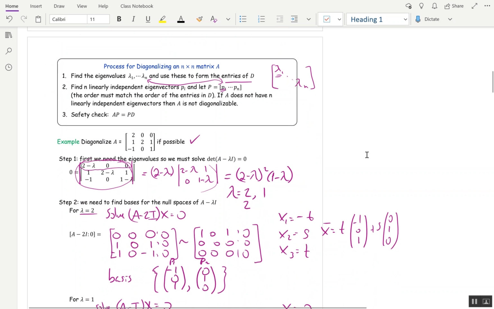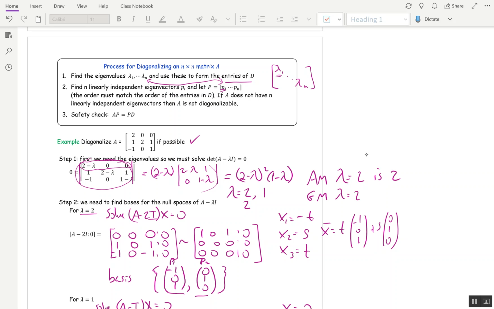Whereas in the second example we did, we found the algebraic multiplicity, the AM of lambda equals 2, is 2. And then when we found a basis for the eigenspace, we found two vectors. So the geometric multiplicity for lambda equals 2 is 2 also. So the algebraic was equal to the geometric.